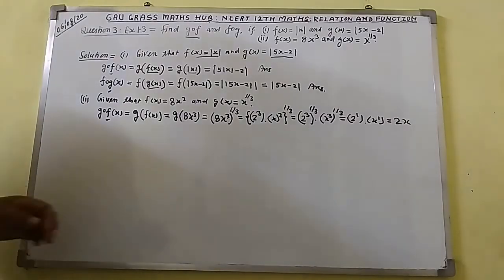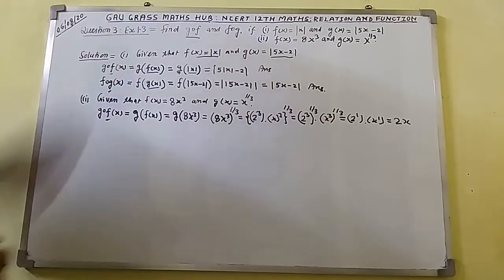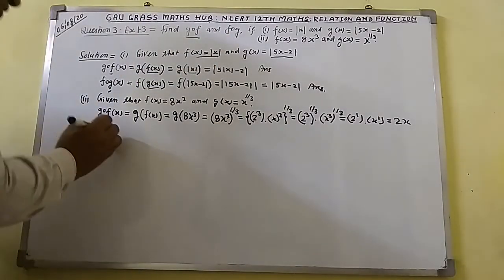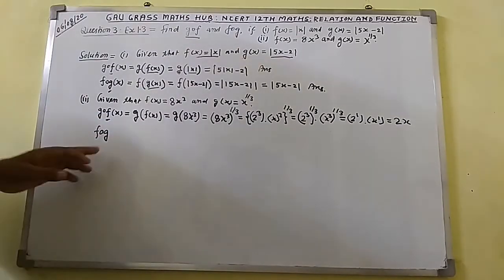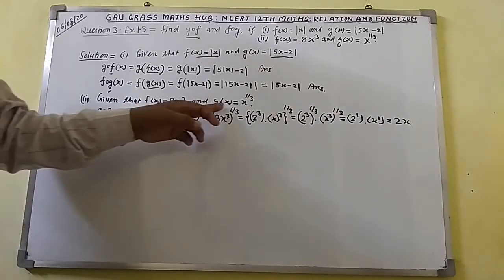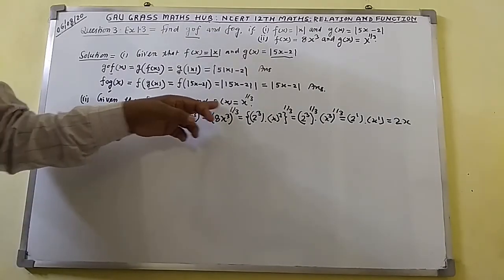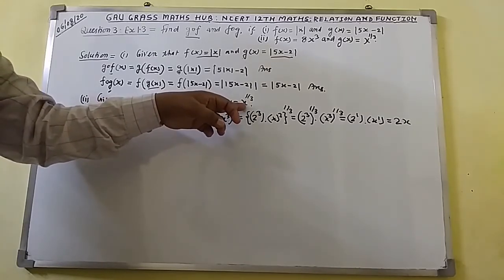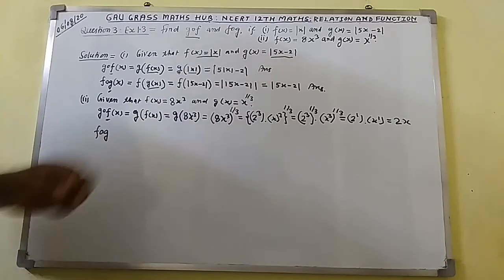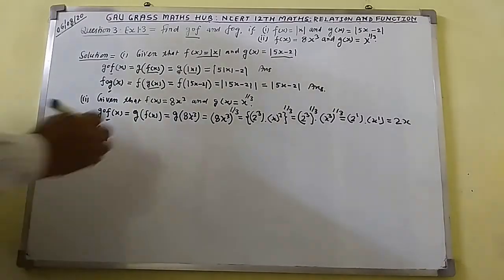Now come out to next, f of g. So here write f of g. So here you can see g is related to x. Output is also in terms of x. So here g will be related to x.